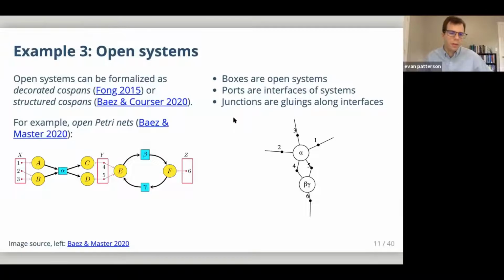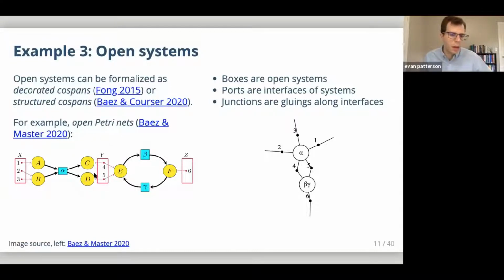Okay, and then a third example that we'll consider is what you might call open systems. There are different ways of formalizing this, as directed cospans or structured cospans, but the idea is that these are systems which have a boundary through which they interact with other systems. One particular example of these would be open Petri nets.